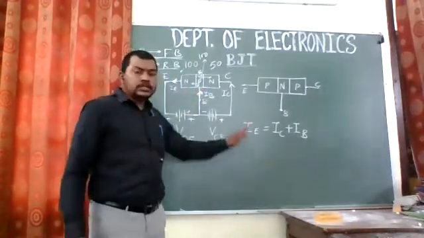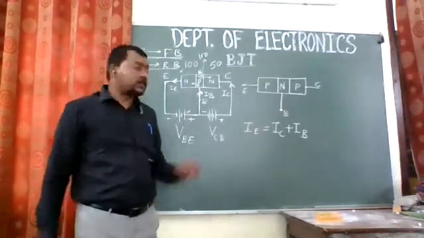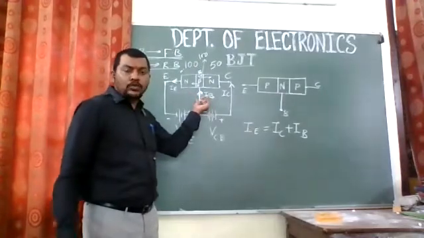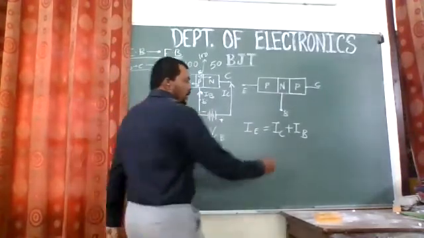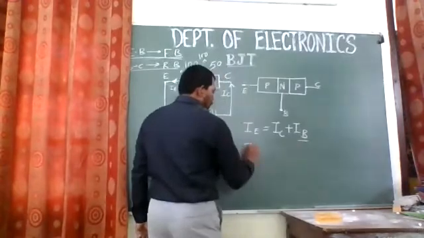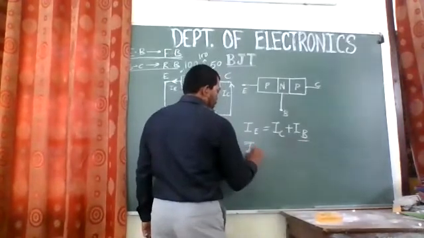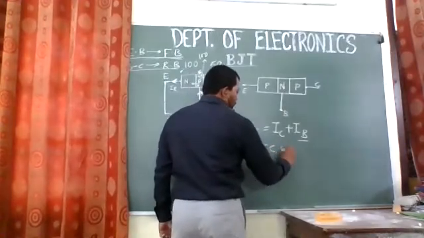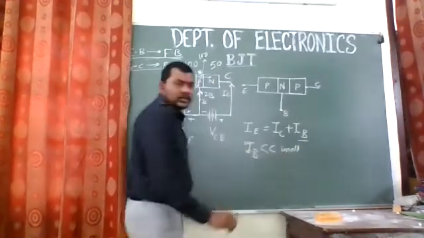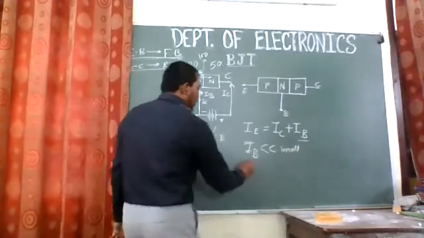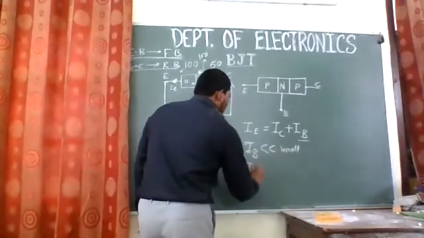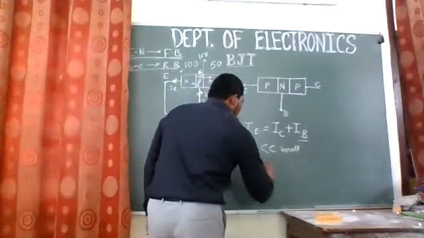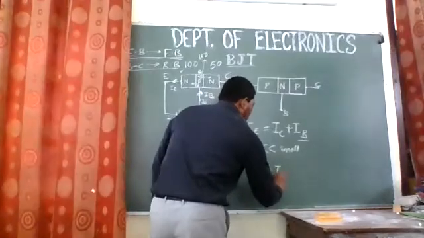So IE is equal to IC plus IB, but a very small current flows through IB. Therefore, we can say that IB is very small and can be neglected, and therefore IE can be taken as approximately equal to IC.